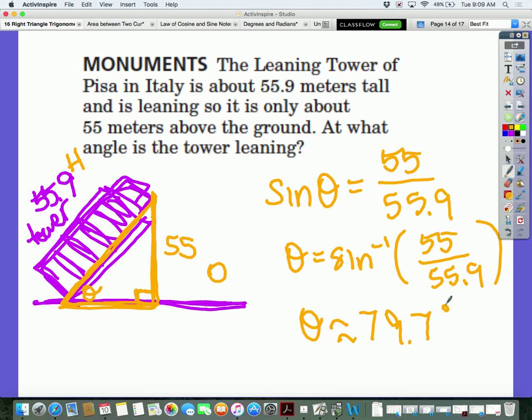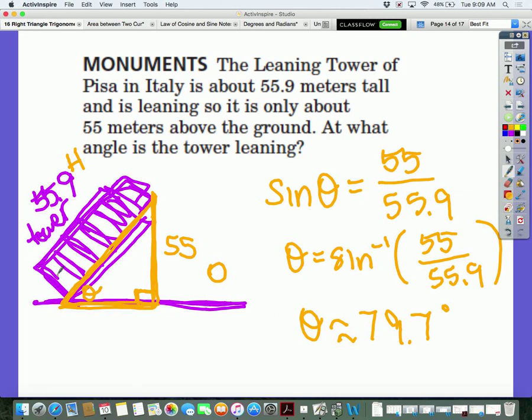Now, real quick, how do you find an angle? No, not how to find the other angle. Let me make sure I word this correctly. It says, at what angle is the tower leaning?